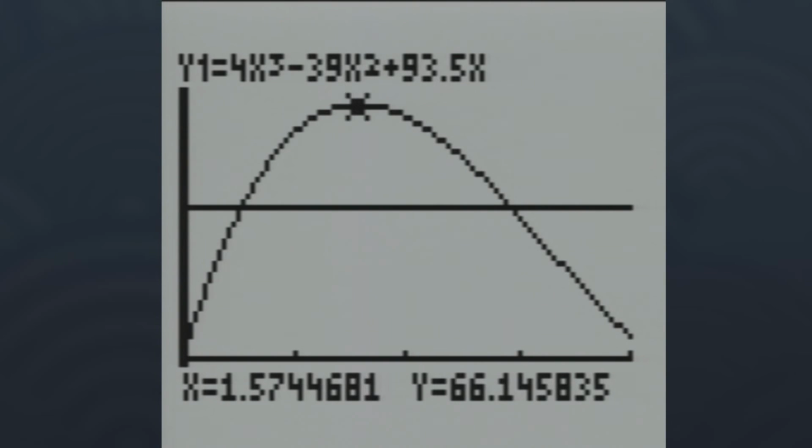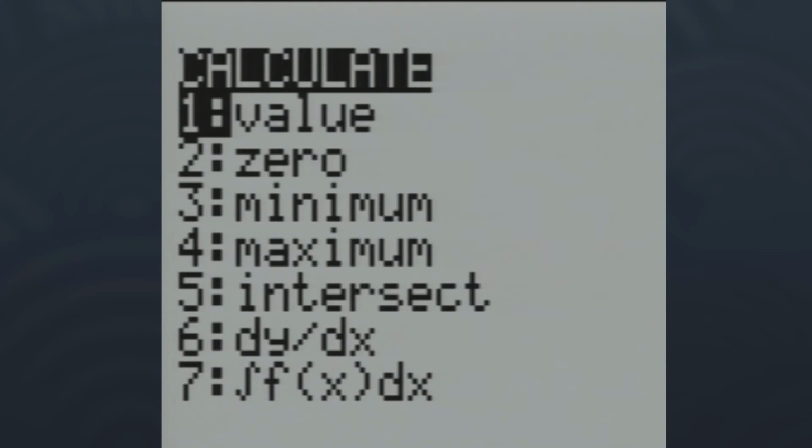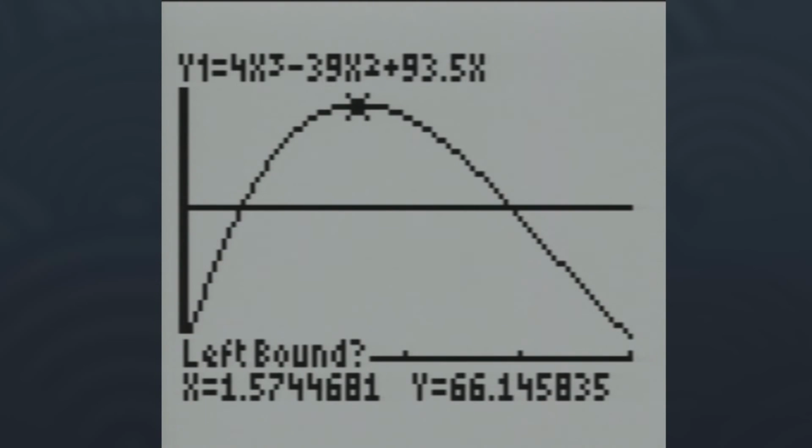From that point, we're going to run the maximum feature in your calculator. All right, so if you go under second trace again, you might have seen it when we were finding the intersection. It's down at number 4. And you'll notice that it's going to ask you 2 questions. It's going to ask you for a left bound and a right bound.